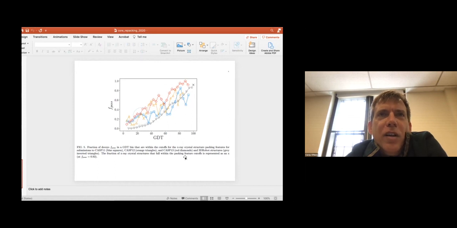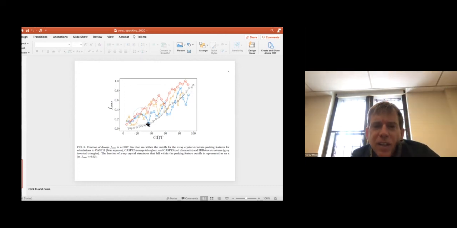a few other features that describe how densely core residues pack in experimental structures. If you pass the filters that are set up for the experimental structures, if you pass 100% of those filters, what is the average GDT of those structures? Or if you pass 80% of those filters, then what are the GDT values?